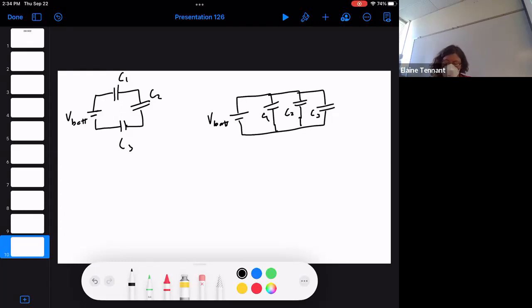I hook them up, I turn them on, charge collects on the capacitors, voltage is spread out across them. I let it sit for a second to let everything hit as maximum voltage as it will. Which setup will have more energy? What do you think?